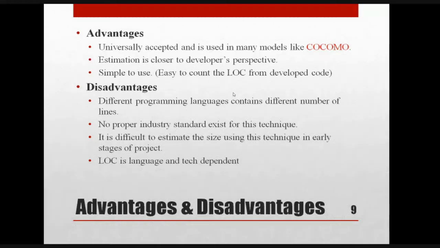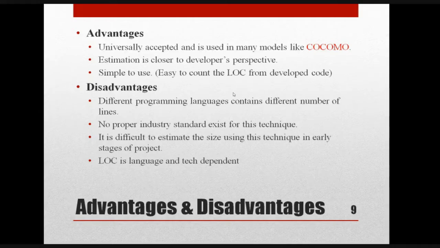Okay, and then line of code is language and technology dependent, right? As I already told, the line of code method is language dependent. C#, Java, right? So it is language dependent and technology dependent. Also, it is based on the technology. So if you are going for, say, a technology like RPA, RPA will have a different line of code. So the technology is different, right?